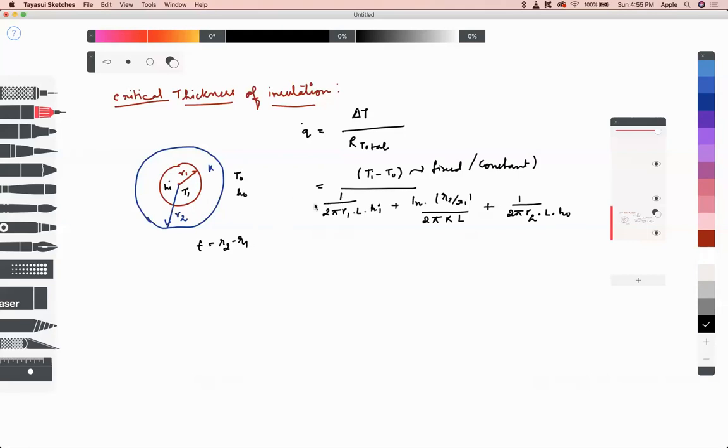In order to find anything related to a maximum value, we use the concept of maxima and minima. That means we usually differentiate this. So differentiate Q dot with respect to R, and then equate it to 0.